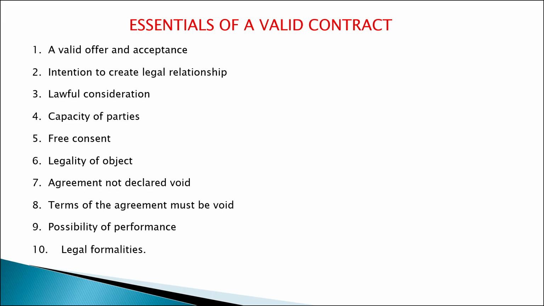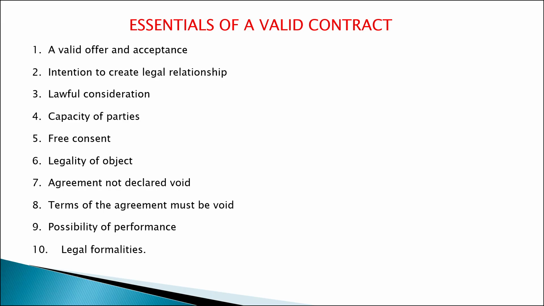Next one is that the terms of the agreement must be certain. The terms must be clear, precise and certain. If the terms are vague, the agreement cannot be enforced.